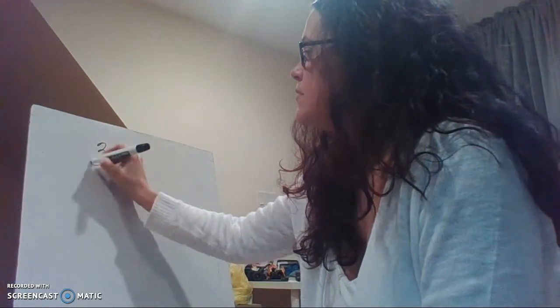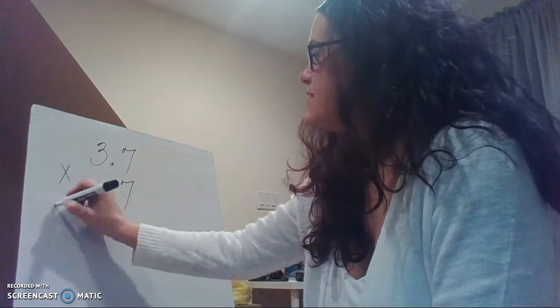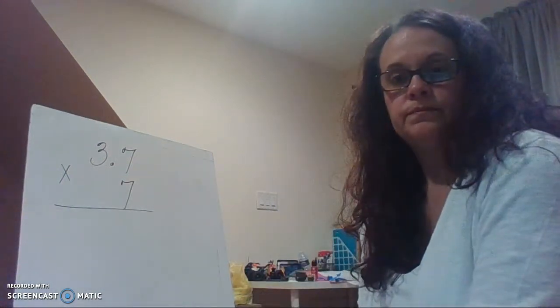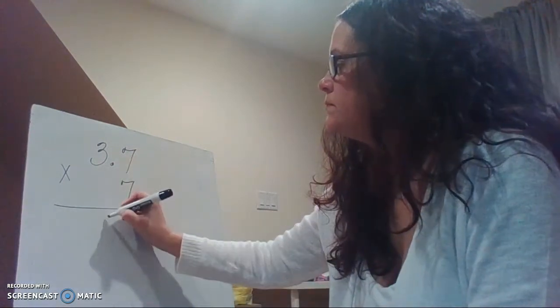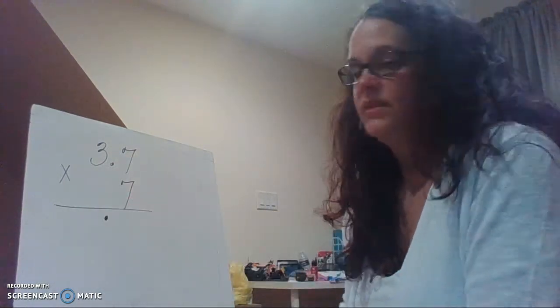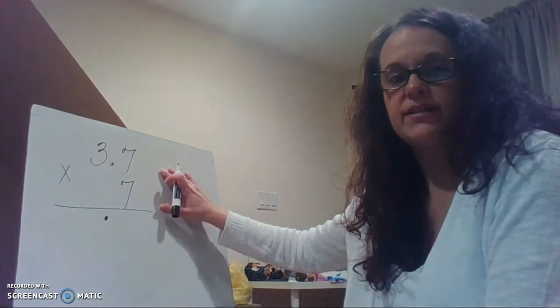Okay, again, pretty easy, very routine. We've done this numerous times. 3 7/10 times 7. What's my first step? I'm going to line up my decimal. Next step is to work with the lowest column I have, which is the tenths.